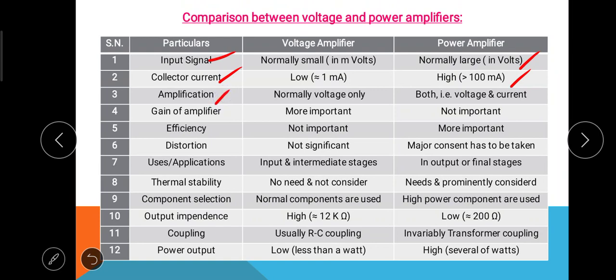If we talk about amplification, then in case of voltage amplifiers, normally voltage only is amplified, but in case of power amplifiers, both levels are amplified. I mean to say, the voltage level as well as the current level of the signal is increased and that's why it is called a power amplifier. This is the main difference.